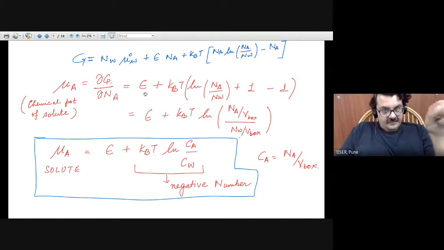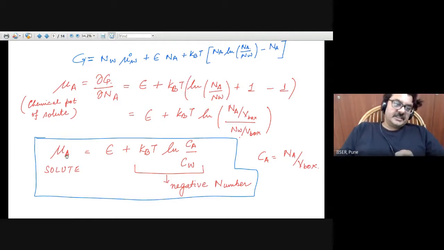So you first give an energy cost of epsilon, plus due to mixing, the contribution from the entropy of mixing is k_B T log(N_A/N_W), and this is 0. Now this can be written as N_A by V box and N_W by V box, right? So the chemical potential of the solute is the energy cost epsilon plus k_B T ln C_A, the concentration of A particles.